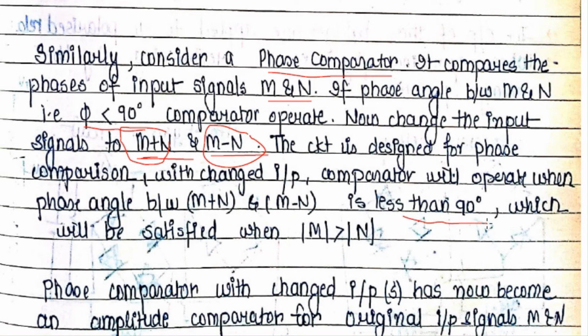And this will happen only when the magnitude of input signal m is greater than n. We know that this is a condition of amplitude comparator, and thus in this way we can make a phase comparator operate like an amplitude comparator by modifying the two input signals.